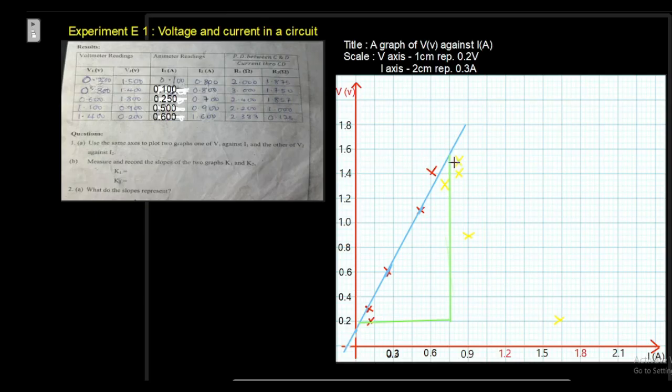Now we have 1.5 and 0.8. Where is 0.8 supposed to be found? 0.8 should be between 0.6 and 0.9. If this is 0.9, to get 0.8, remember each thin line increases by 0.0375. So 0.9 minus 0.0375 will give us 0.8625.